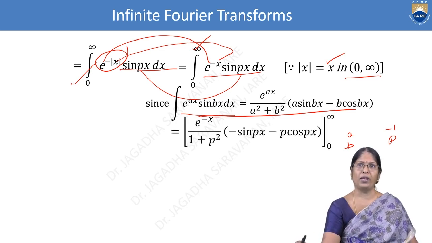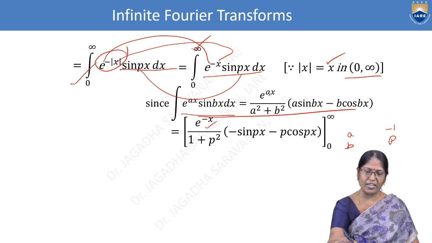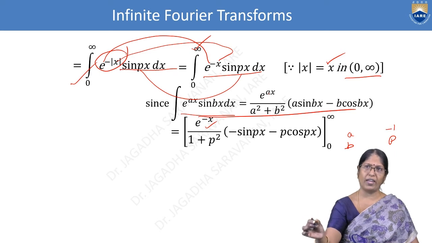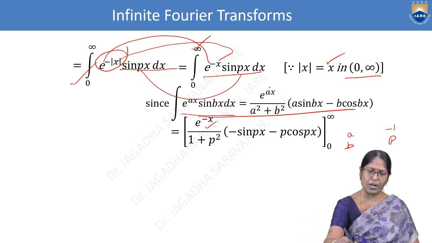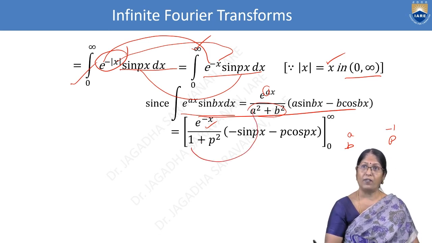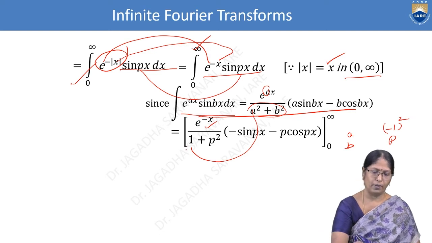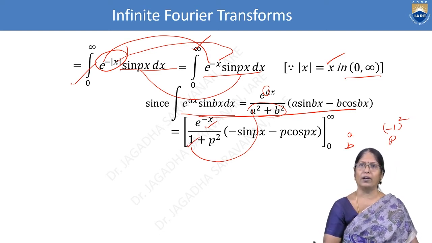So we substitute e power ax, where a is minus 1, so it becomes e power minus x. In the formula a square plus b square, our a is minus 1, minus 1 the whole square is 1, plus b square, which is p square.